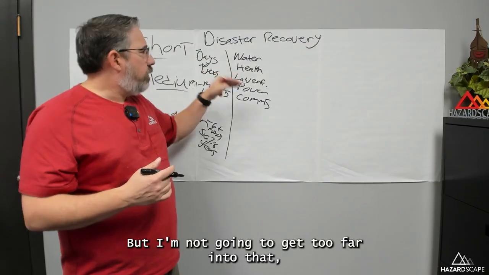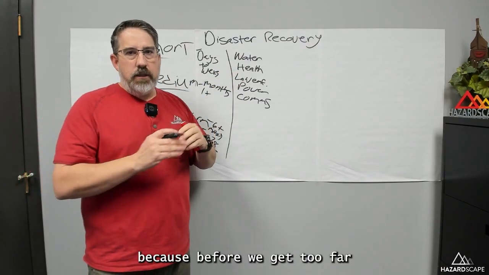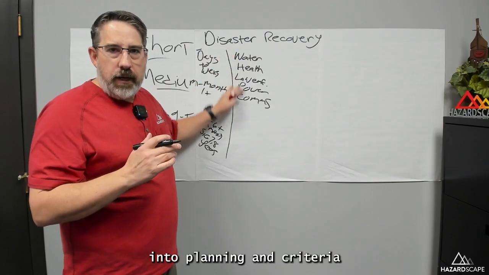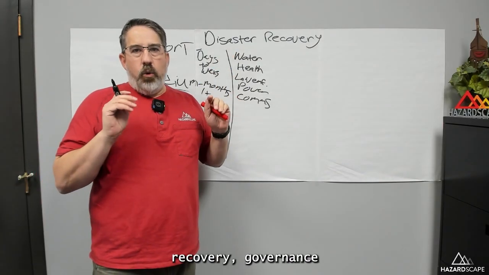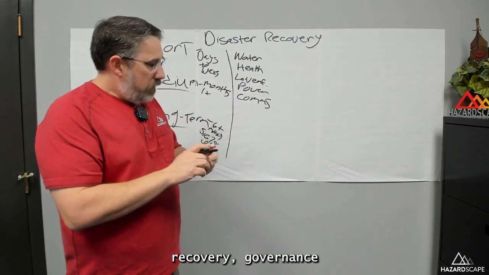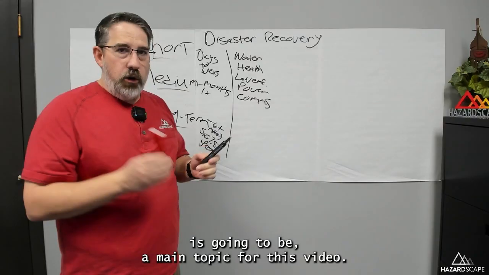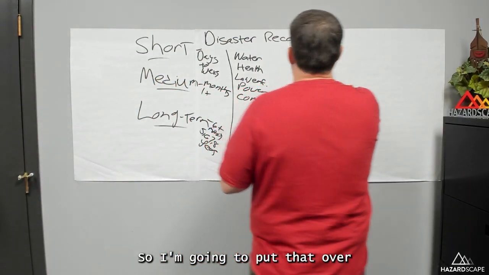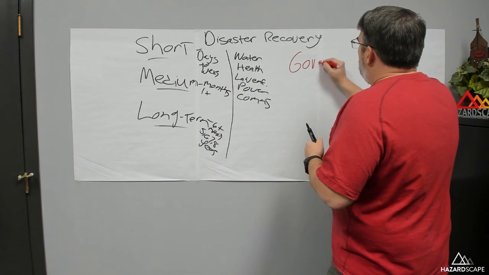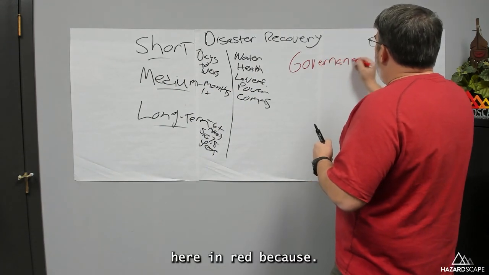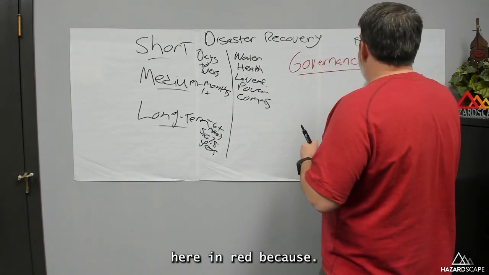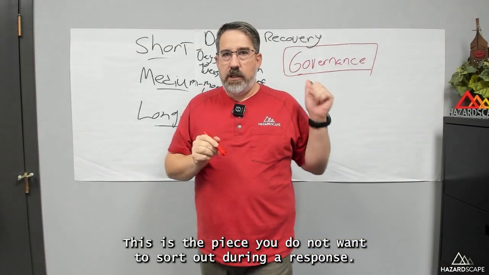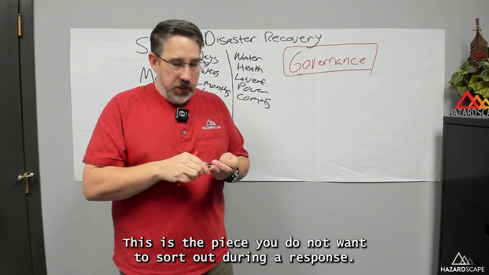But I'm not going to get too far into that, because before we get too far into planning and criteria, recovery governance is going to be a main topic for this video. So I'm going to put that over here in red, because this is the piece you do not want to sort out during a response.